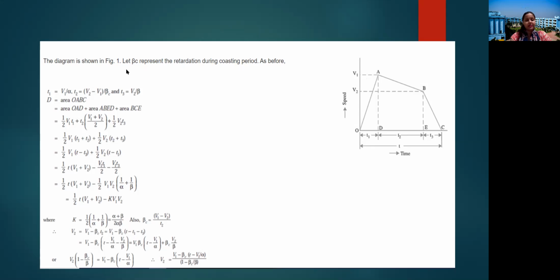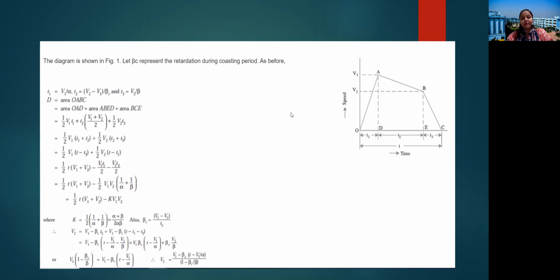Here there is some printing mistake. T2 will be V1 minus V2 divided by beta C, and T3 will be V2 by beta.